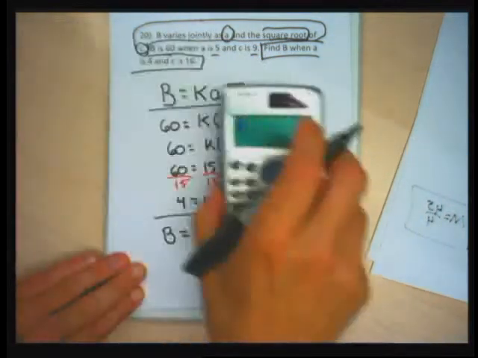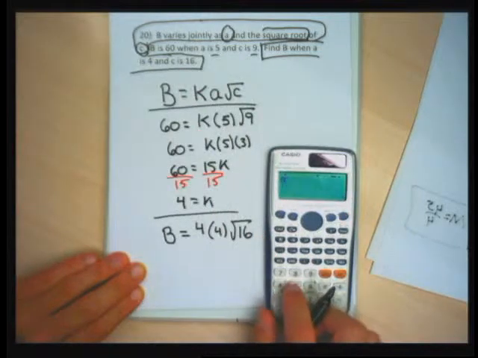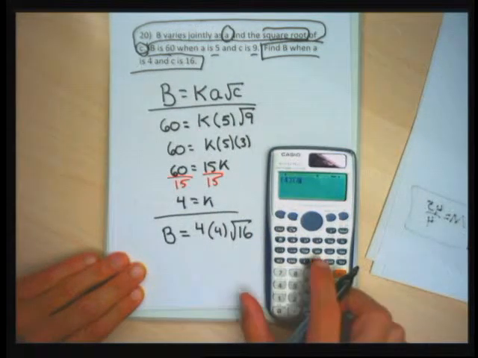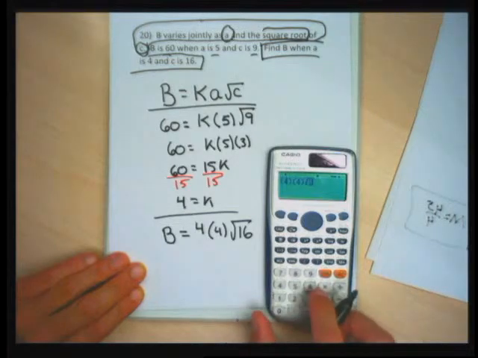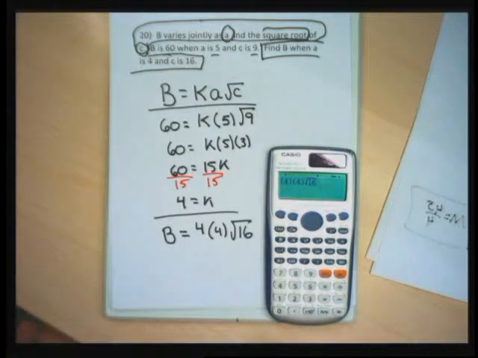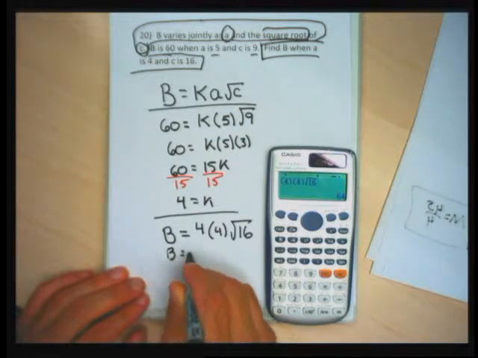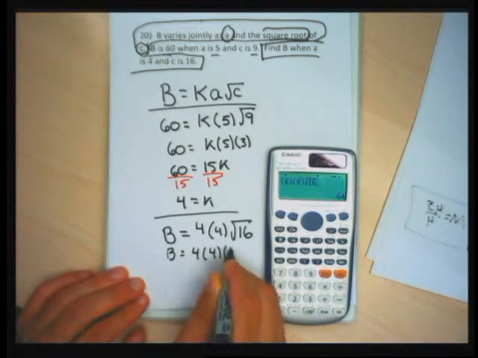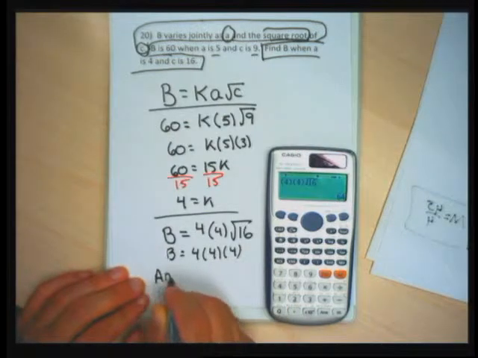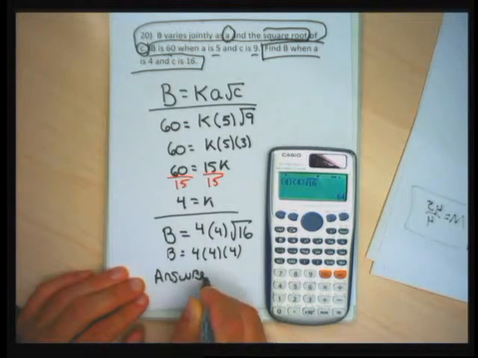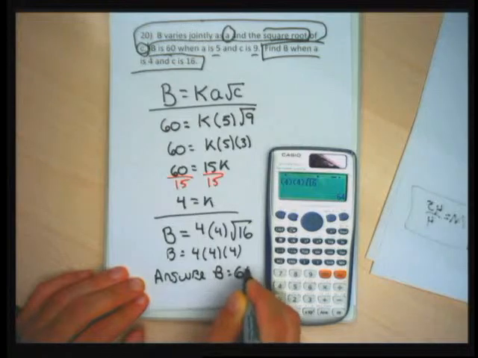I could do this all on my calculator, or I could do it in my head. So this is going to be 4 times 4 times the square root of 16. I don't need the square root of 16 in parentheses, but I could. But the square root symbol separates the 16 enough from the 4 so that I don't need it. And I get 64 because this really is just 4 times 4 times 4. And the answer is going to be B equal to 64.